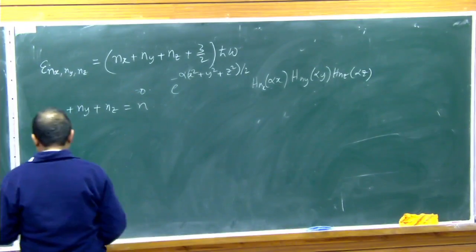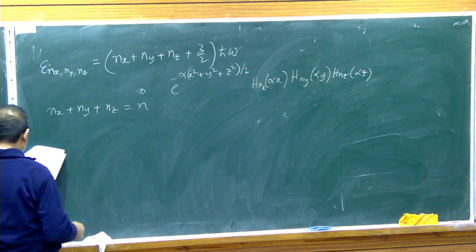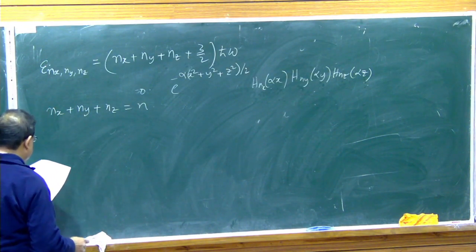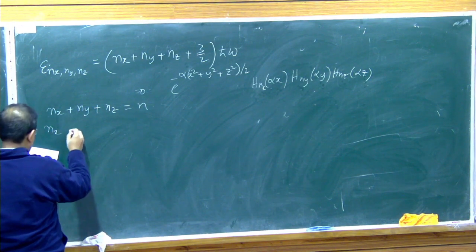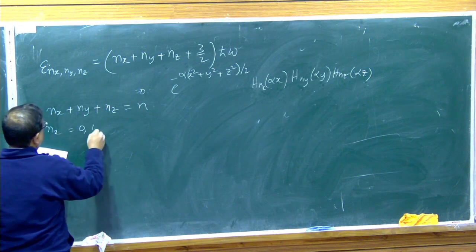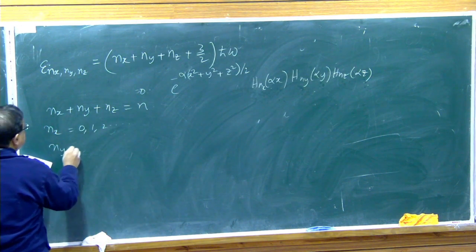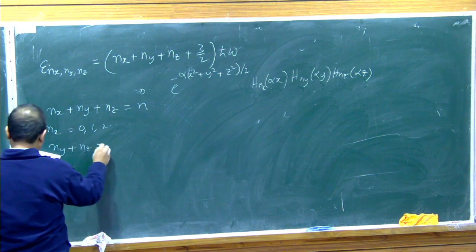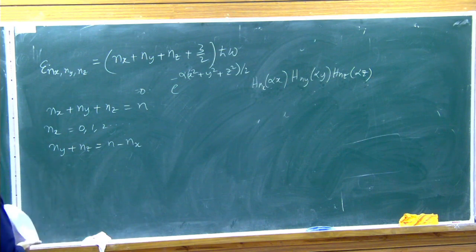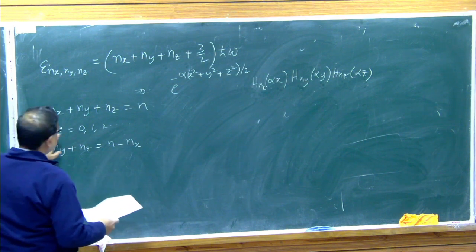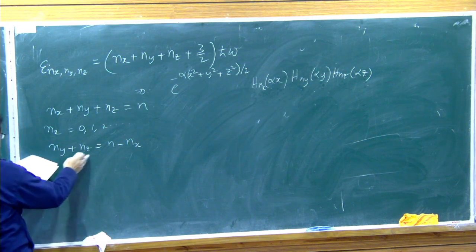The degree of degeneracy will obey this relation, and if you choose nx first, say nx equal to 0, 1, 2, any of these, then ny plus nz is equal to n minus nx. Because you have already chosen nx, which is some number, so ny plus nz will be this.